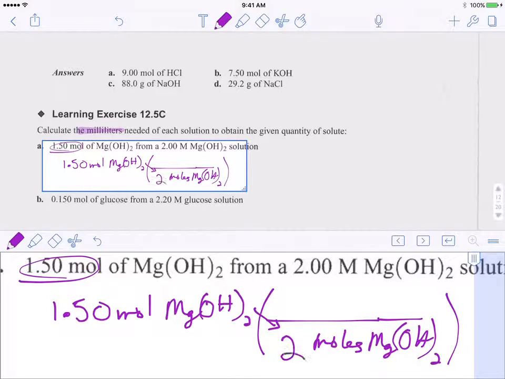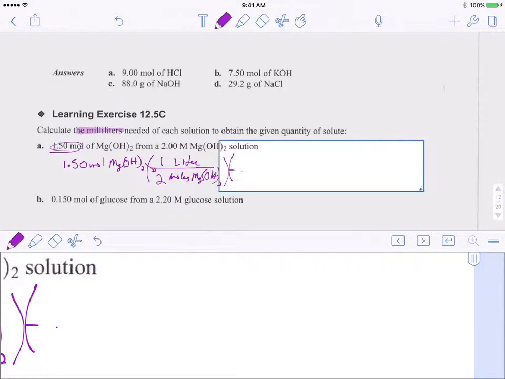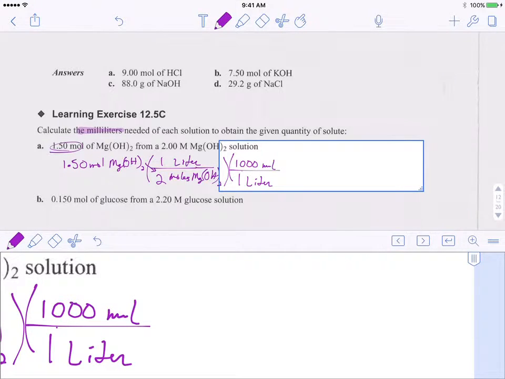Now, how many moles? I have 2 moles in 1 liter. Okay, excellent. Now, next step, I'm going to have in 1 liter, I have 1,000 milliliters.